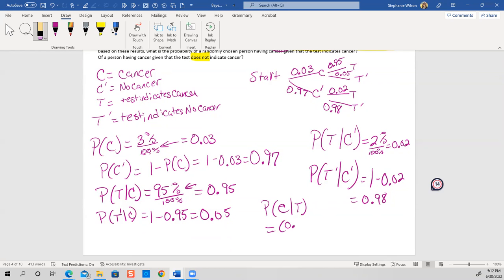Remember, this came from the intersections of them. So we got 0.03 times 0.05 all over 0.03 times 0.05. We're going to add that to 0.97 times 0.98 and type that in the calculator. We'll get 0.1575.